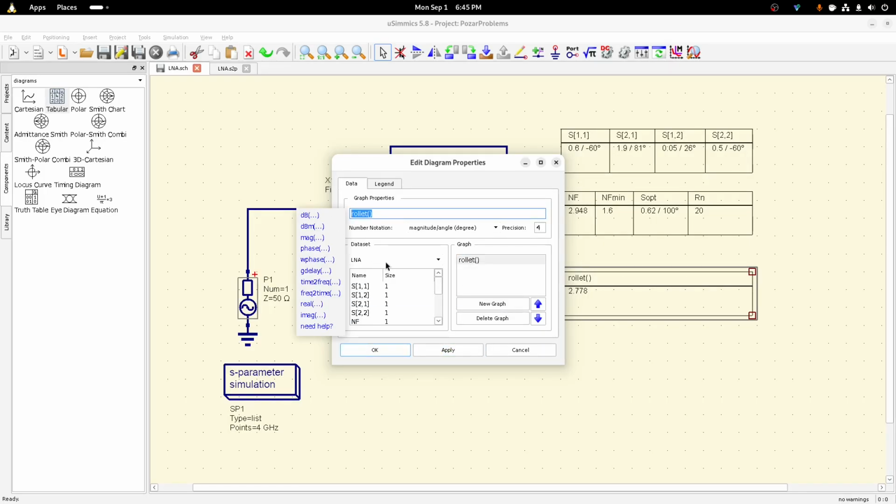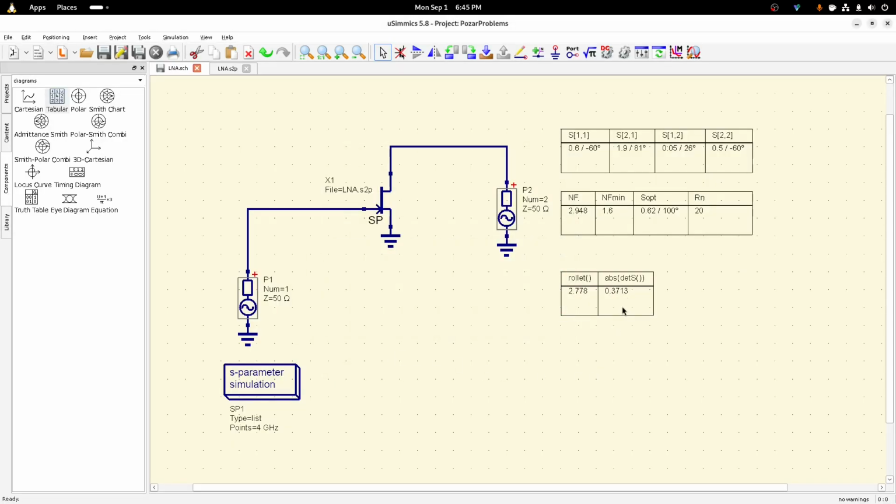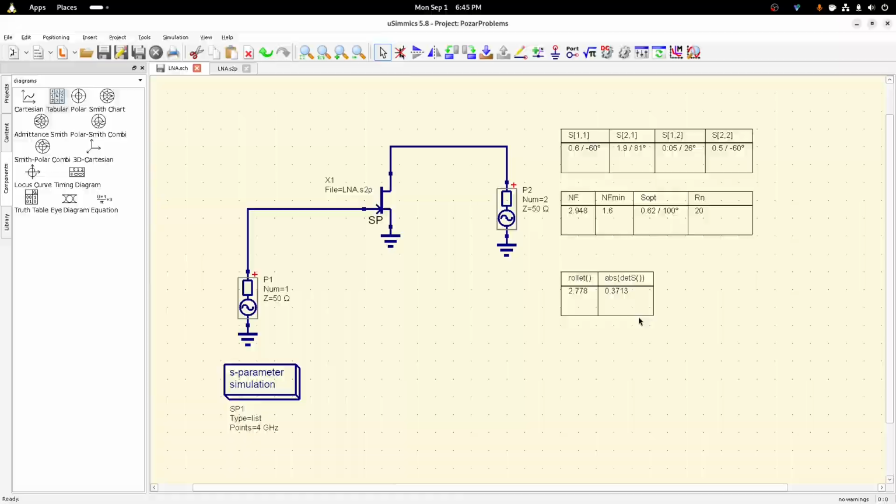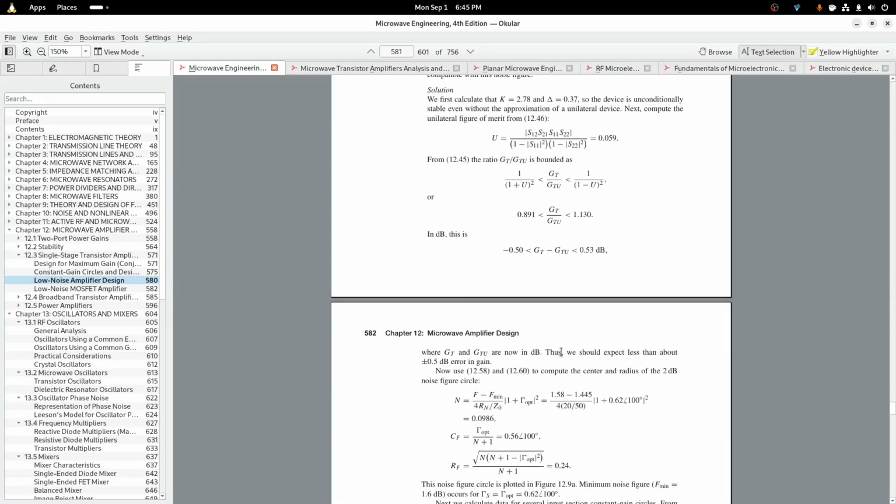And then this next one, I think it's this? Oh wait, crap. Gotta do absolute S. Yep, 2.778, 2.78, basically the same thing, 0.37, 0.37. Yeah, we're getting the right stuff.